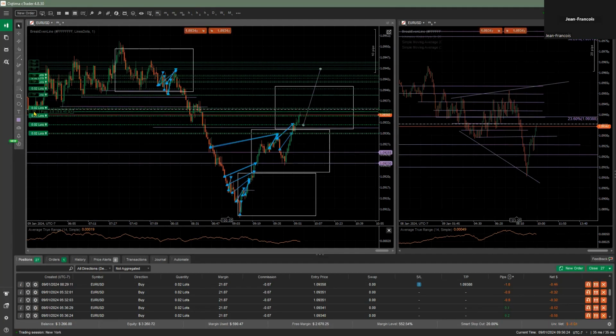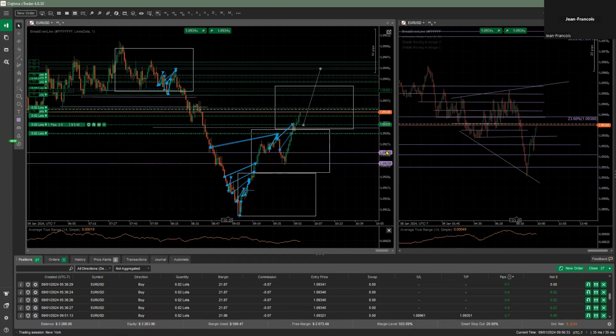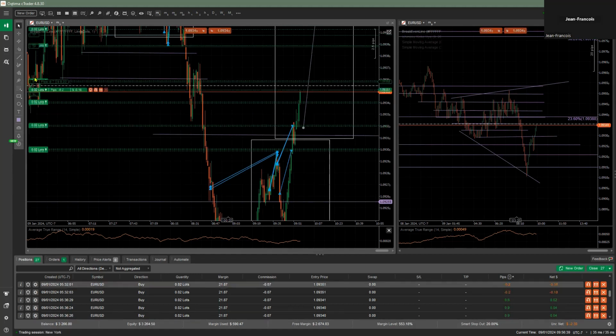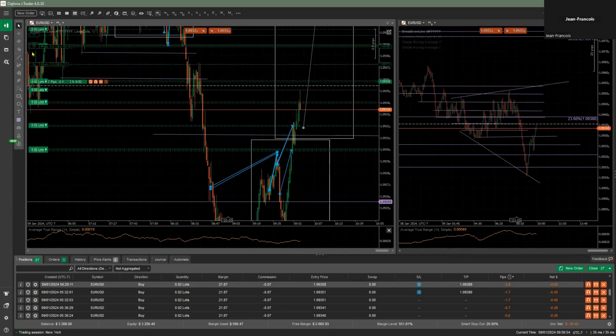So let's take this take profit and move it up. This one here, right? Just so I can get to break even. I just don't want that white line to move if I close trades from here.